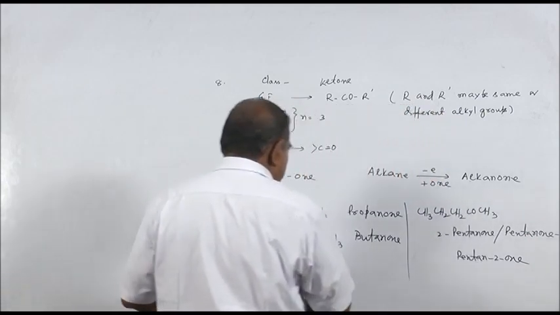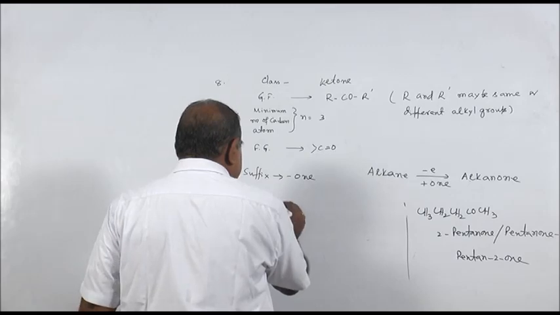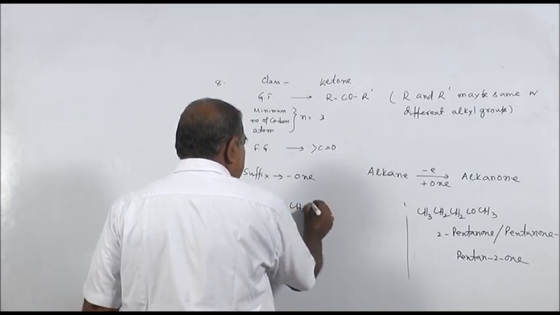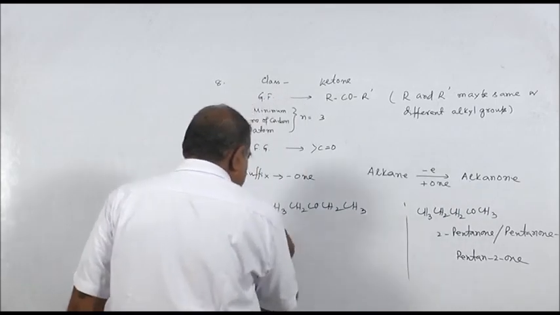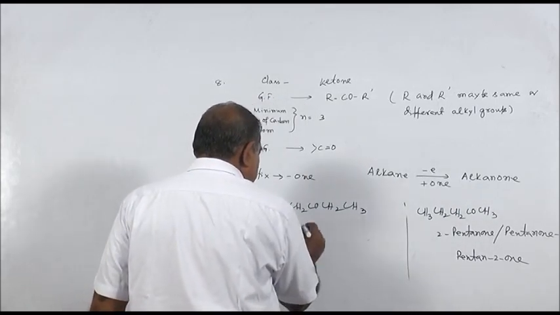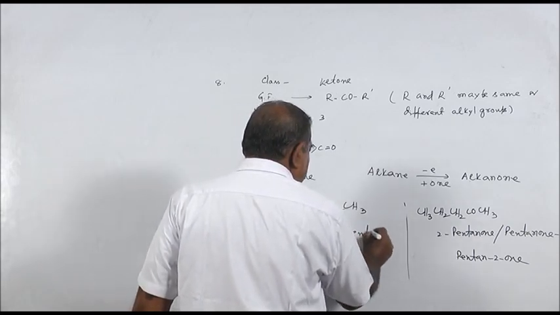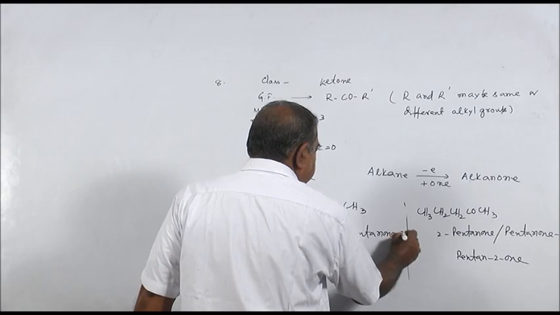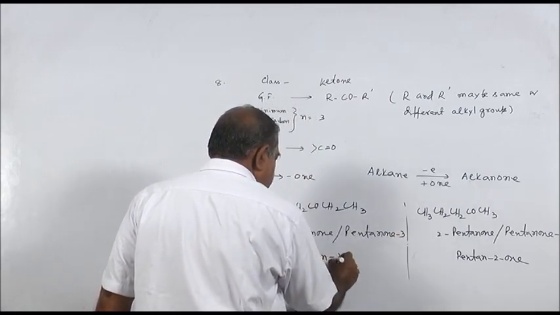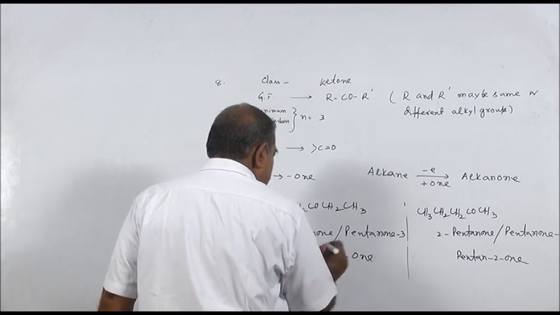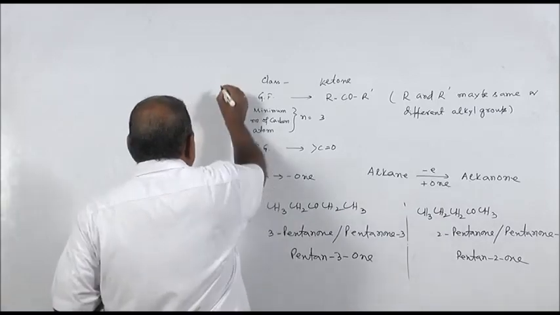One more example, having the same 5 carbon atoms, CH3CH2COCH2CH3. This is 3-pentanone, or you can write pentanone-3, or pentan-3-one. So this is regarding ketone.